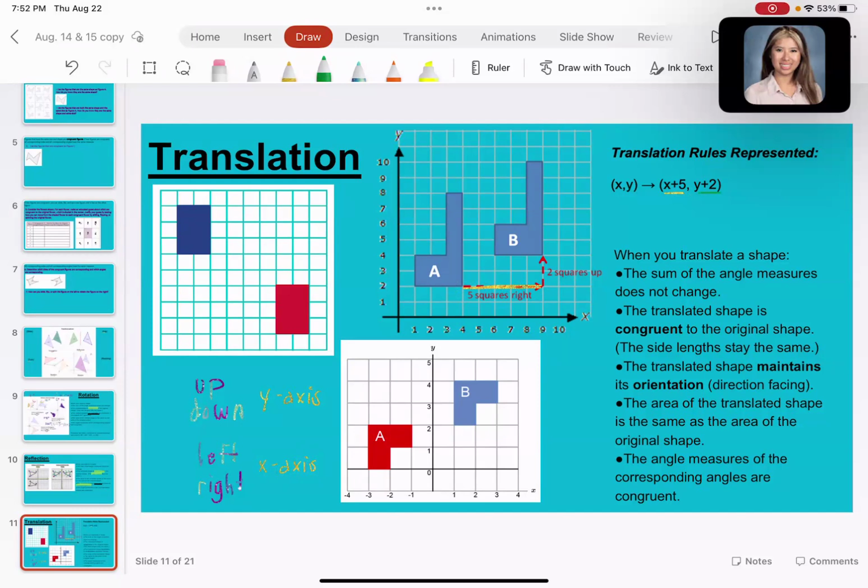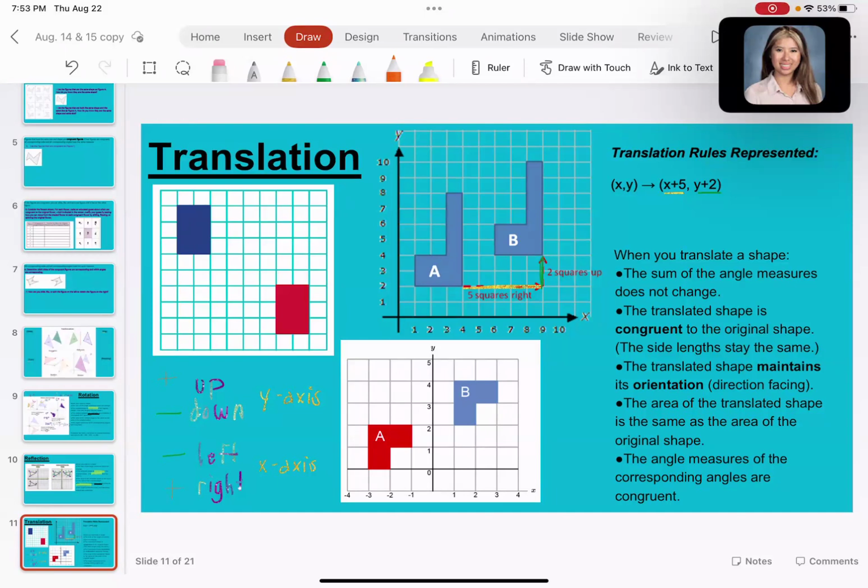But because we're adding 2, we know that we're going up. Because again, we want the numbers to get bigger. We can also subtract, which of course would make it go left or down. So again, when you're going up, you're adding to the y-axis. When you're going to the right, you're adding to the x-axis.